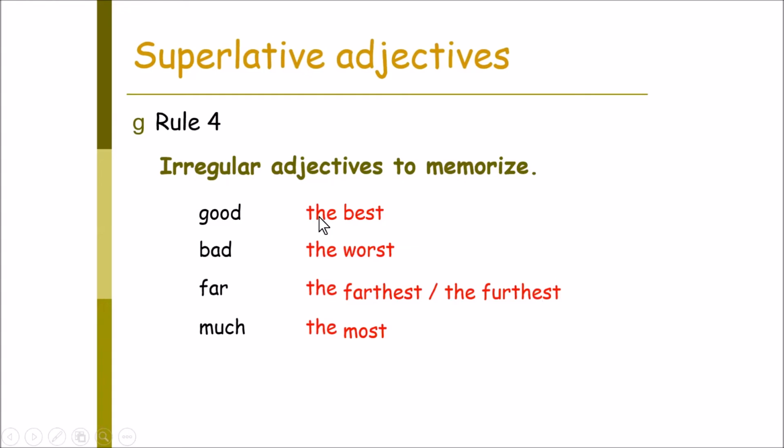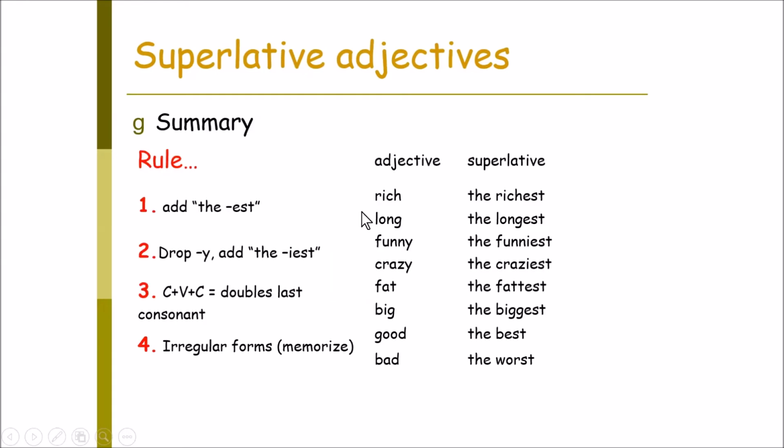So we have a summary here of the rules of superlative adjectives. First rule: when you have a one syllable adjective, you just add est at the end of the adjective and the word the before the adjective. So for example, rich, the richest, and long, the longest.